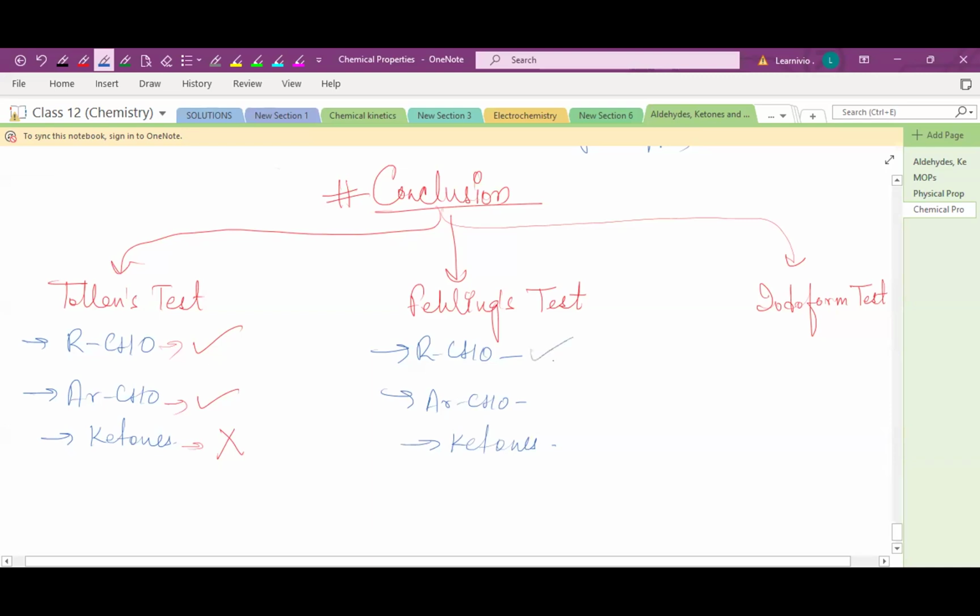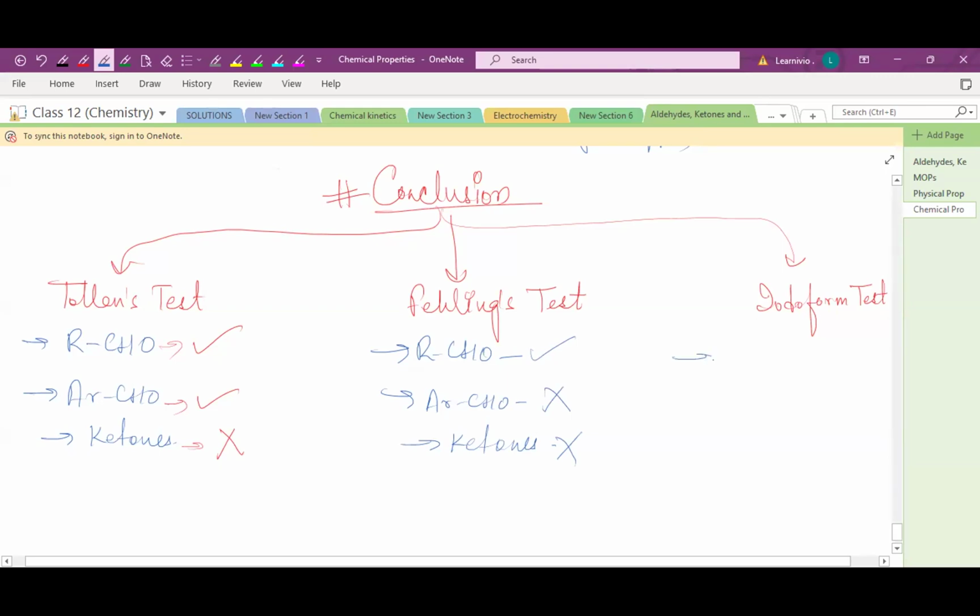Yes, right. So Fehling test is given only by the aliphatic aldehyde, not by the aromatic one, not by the ketone, right? So you can distinguish between aliphatic and aromatic aldehyde by using Fehling test, or aliphatic aldehyde and ketones by using this test.